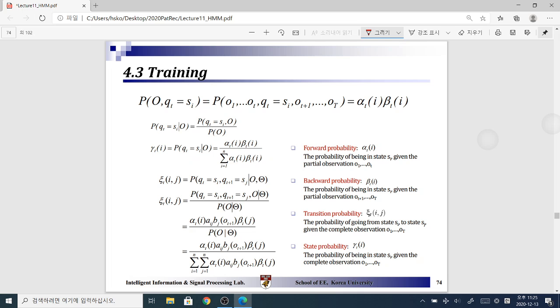So this is a continuation of the previous slide, just to give a little more detail and show you the in-between procedures.